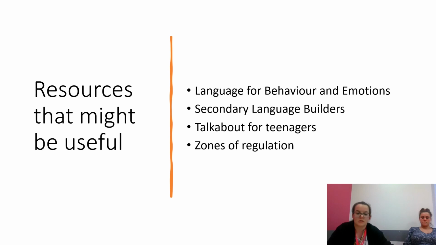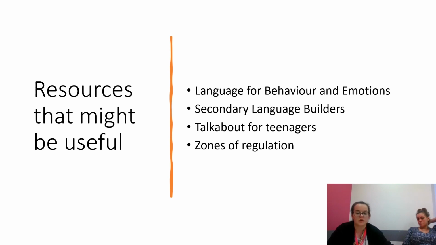Then there's secondary language builders, which again kind of focuses on helping the young people to build up their language skills. Talk about for teenagers, that focuses more on the social side, so it looks a lot at kind of friendships and social relationships and how you can be kind of assertive in a situation as opposed to aggressive and things like that. And then there's also zones of regulation, which is based around emotions.